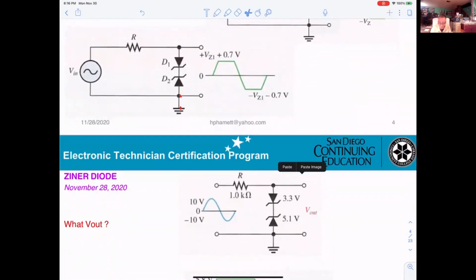Okay, now you can draw this one for me. Both Zeners. Now they give you an input of 10 volts, minus 10 volts sideways. One Zener breaks down at 3.3 volts and the other breaks down at 5.1 volts. So for the positive cycle, what does the output look like?